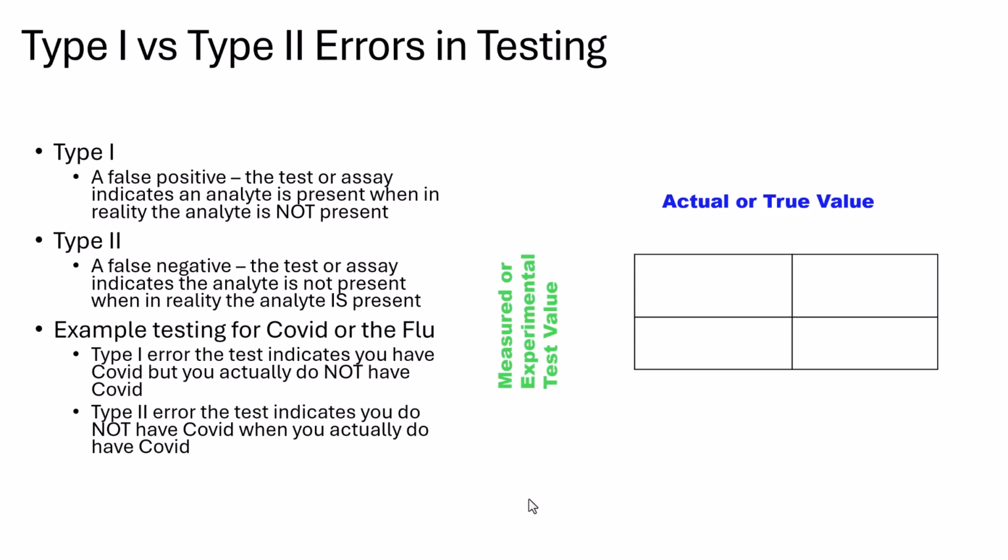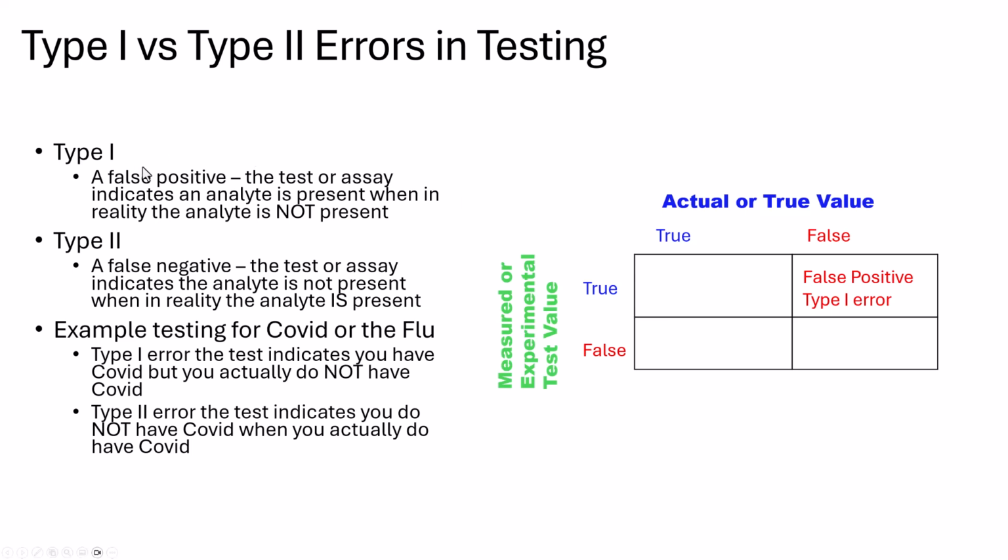All right. Now, when we talk about testing, people always talk about things like false positives and false negatives, right? So if the measured value or the experimental value or the test value is the same as the true value, okay, then this is correct. There's no error. So experimental value is true, actual value is true, all right?